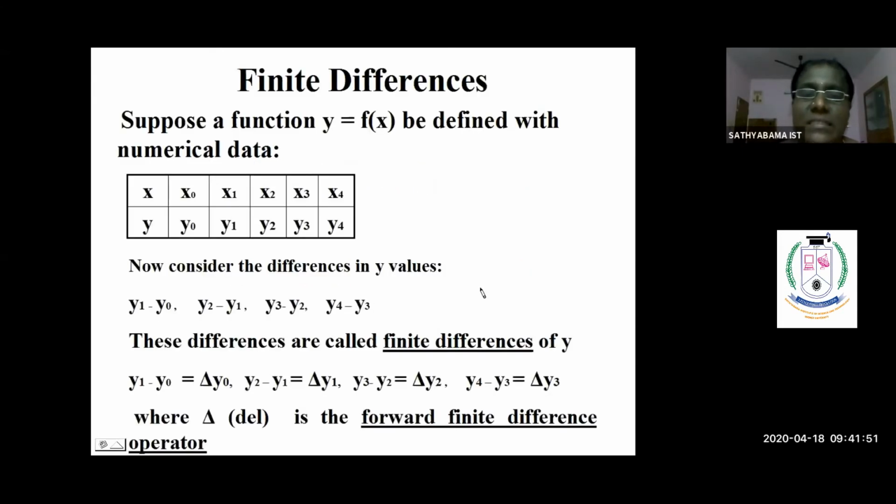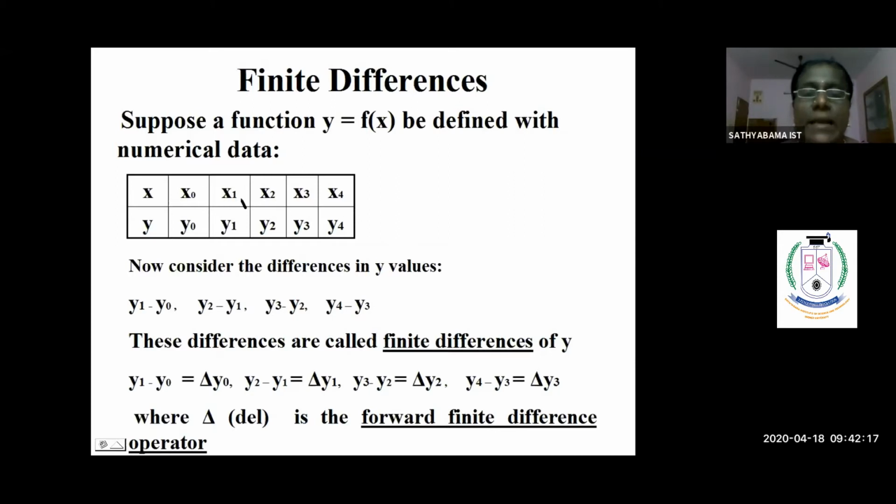Under equally spaced, that is, x values are equally spaced, we are going to see some basic definitions and notations, and then only I can enter into the problems. So consider a function y equal to f of x, where x is an independent variable and y is a dependent variable depending on x. Consider, for example, a data set. Here, I am going to assume the x values are equally spaced. So x0, x1, x2, x3, x4.